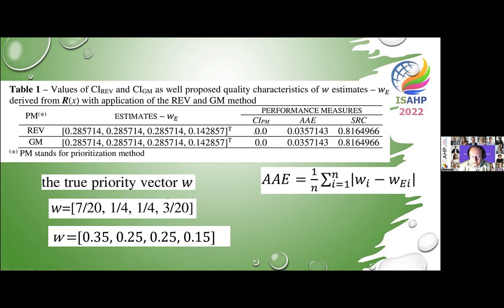The consistency index is equal to 0, and on the basis of these two priority vectors, this one and the original generic one that was the primary priority vector for the example, we can calculate some deviations.